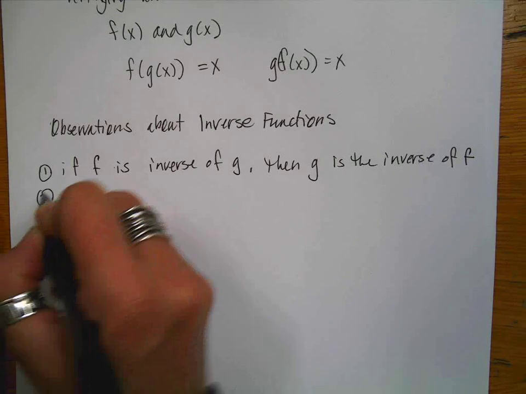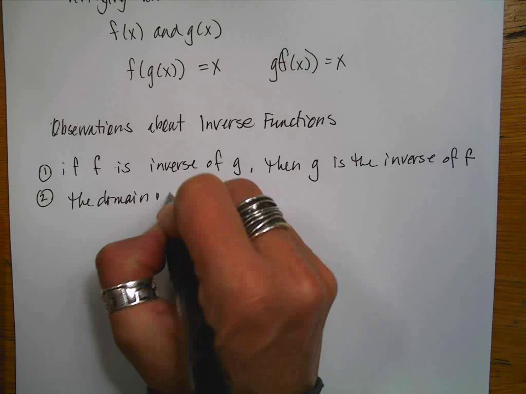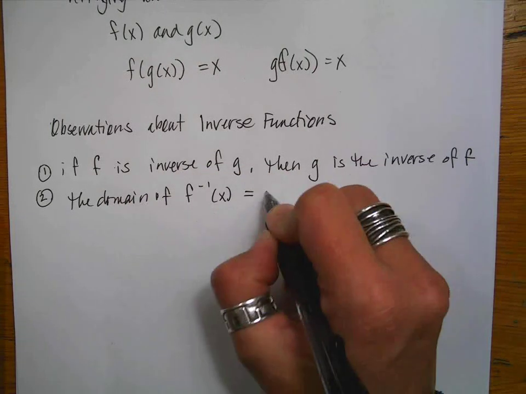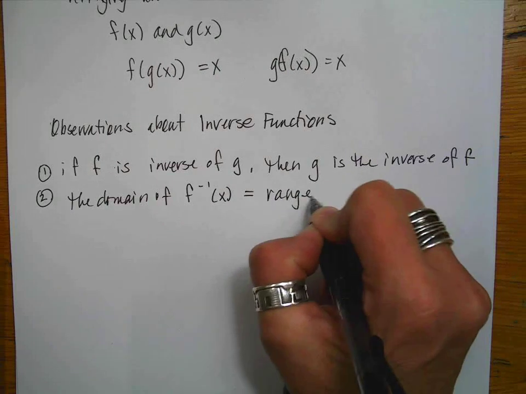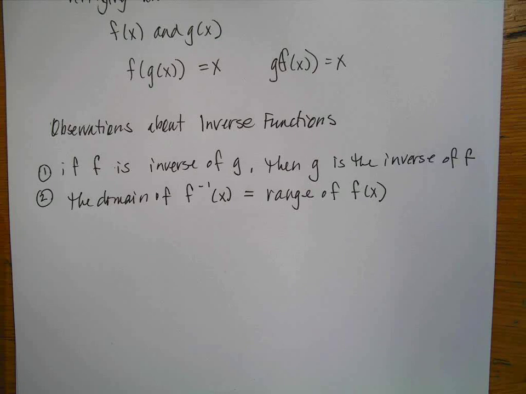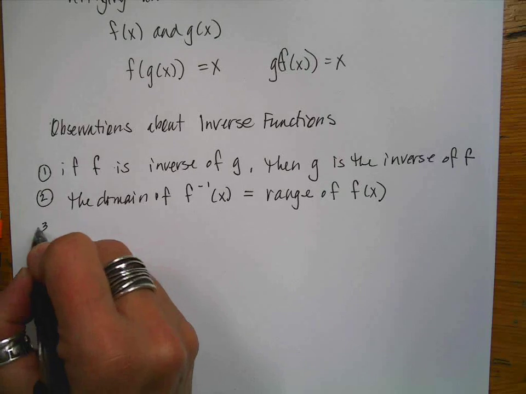The second one would be that the domain of the inverse, so f negative 1 of x, is equal to the range of the original function and vice versa. And we actually will use this information as we get ready to solve equations.